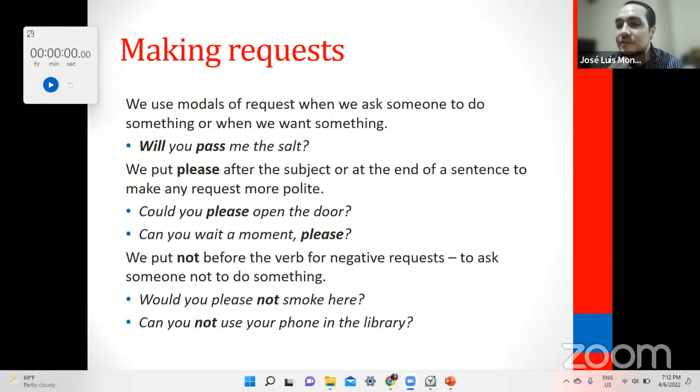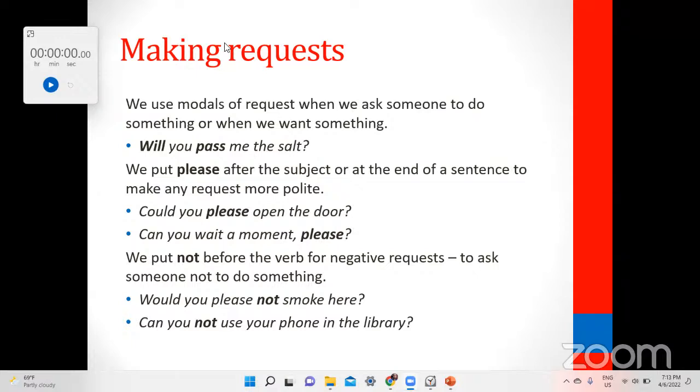And again, what is going to be the only difference, Wilson? This is my question for you. What's the only difference between using can and between using would? Would, it's more formal.